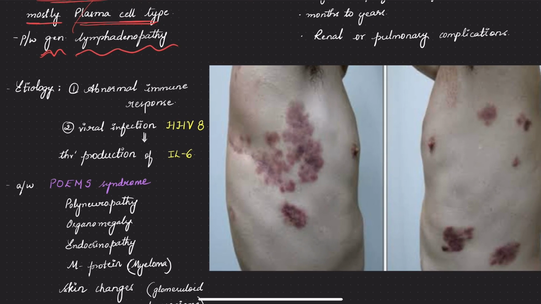The reasons can be an abnormal immune response, because IL-6 is involved, and viral infections, mostly HHV8, human herpes virus 8, most commonly seen in AIDS patients. This HHV8 virus is responsible for the production of interleukin 6. Interleukin 6 is responsible for the infiltration of plasma cells.